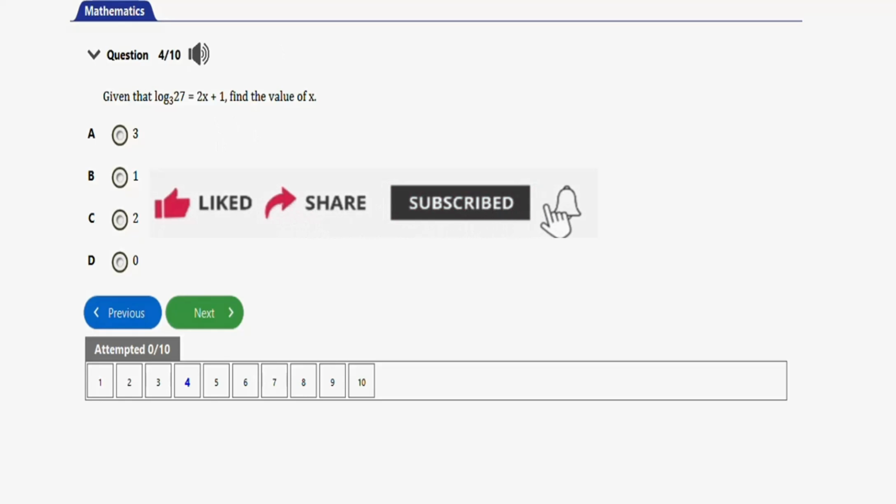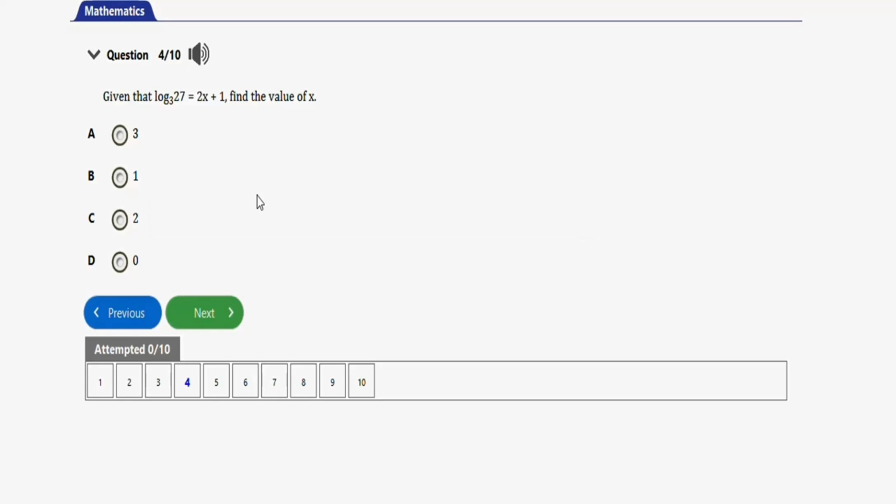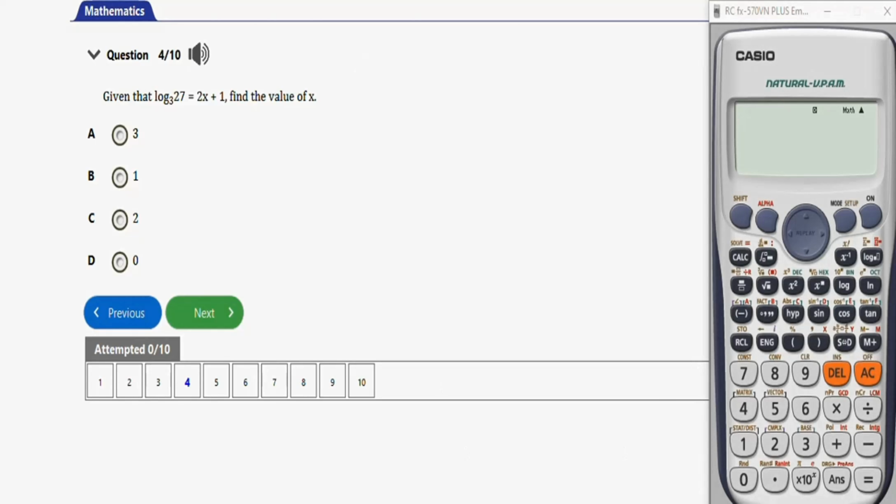So for this question, you say given that log base 3 of 27 equals 2x plus 1, find the value of x. Let's bring a calculator and solve this as well. Alright, so we have log base 3, come to this place, we have 27, okay, then equals, alpha and this calc button, 2x, alpha and this button for x, plus 1.